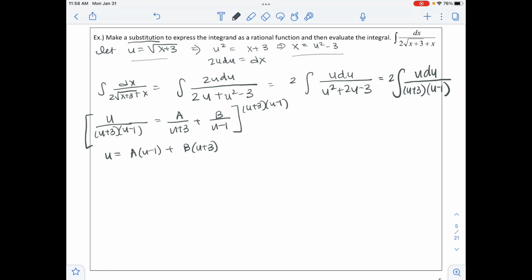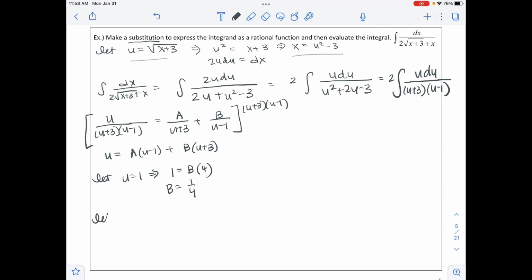And so we can definitely look at these different ways. If I were to let u equal 1, this means that my left side would be 1 equals A times 1 minus 1, which is 0, and then B times 1 plus 3, which is 4, so B is equal to 1/4.